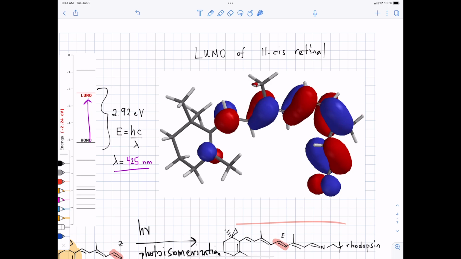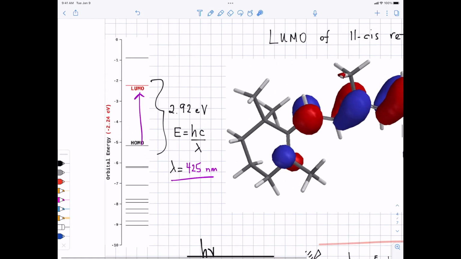It's a delocalized long pi system, but if you look at the gap between HOMO and LUMO, it's worth about 3 electron volts, whatever that means. But if you do the math, it turns out that the wavelength of photon that will promote an electron from HOMO to LUMO is 425 nanometers, which is in the visible region of the spectrum.